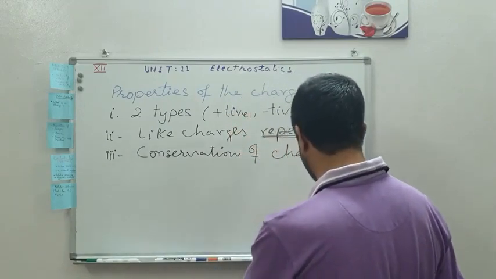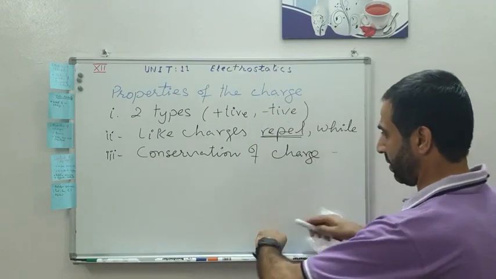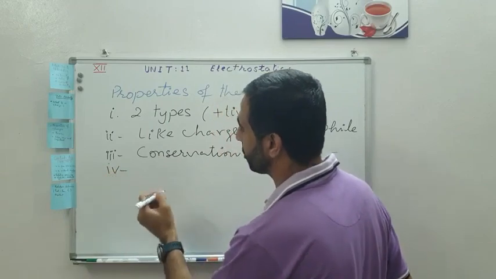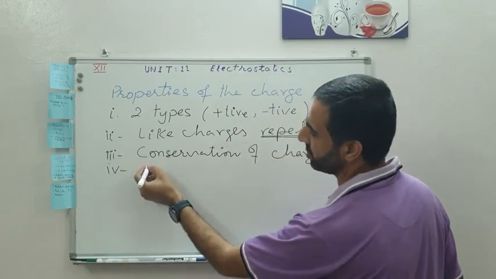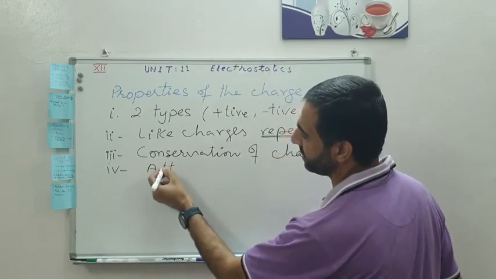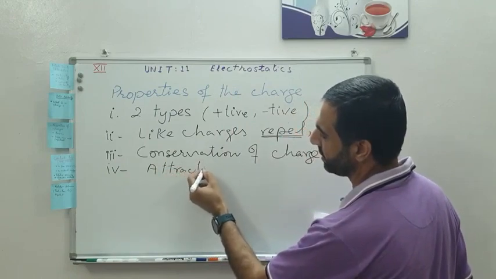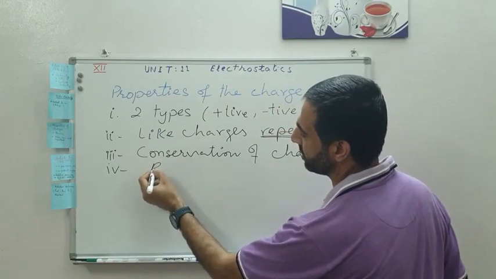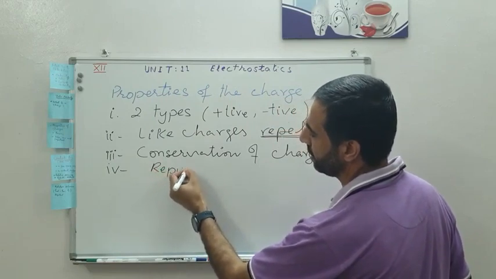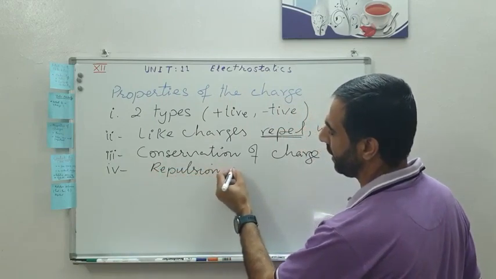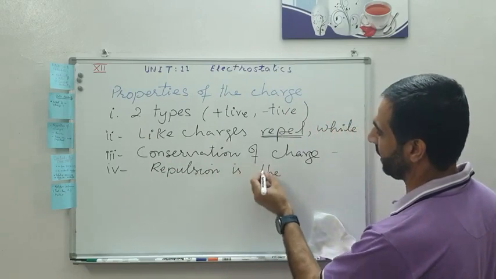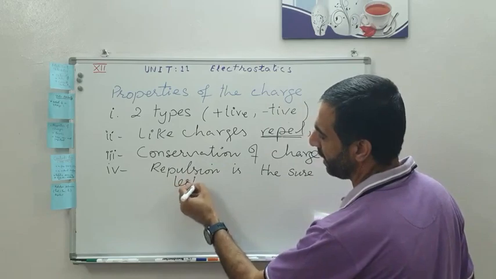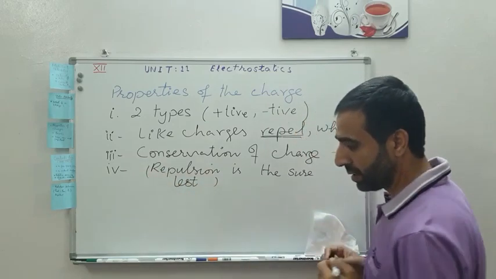The fourth property: repulsion is the sure test for detecting charge on a body. Attraction, oh sorry, I'm so sorry, repulsion is the sure test for finding charge on bodies.